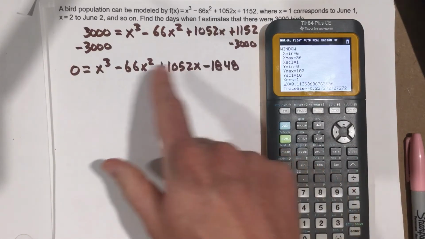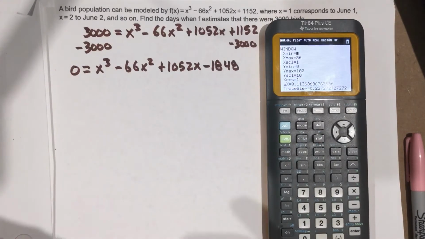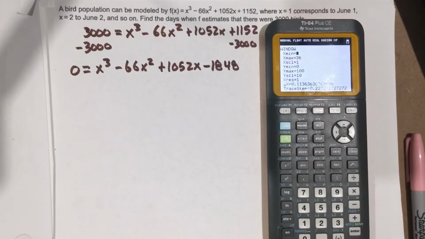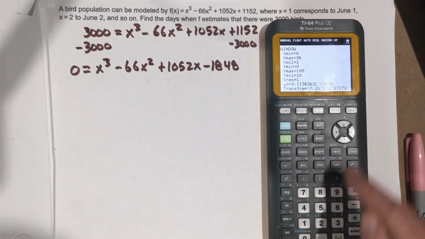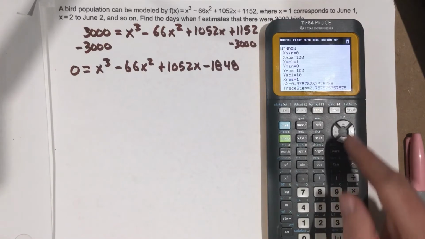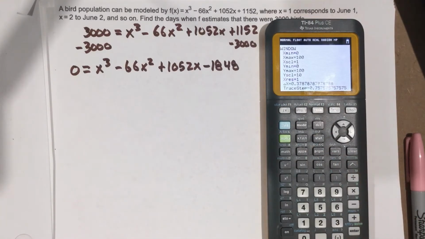Now it says we want to know when we got 3,000 birds. So I'm thinking the x values maybe go from 0 to 100. So let's go 0 to 100 days out, and we'll go up by ones. The y values, let's go from negative 5,000 to 5,000, because we're looking where it crosses the x-axis.